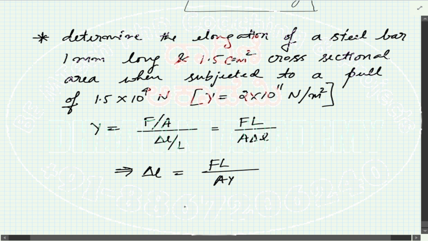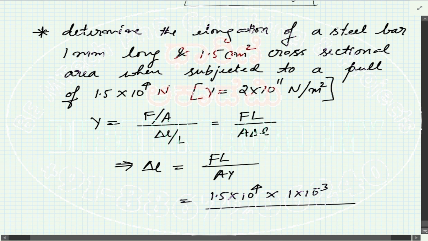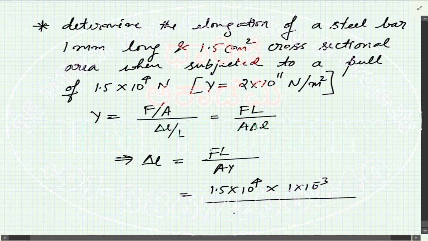So let us substitute. The force is given as 1.5 into 10 to the power 4 SI unit into L, I can write 1 millimeter, so 1 into 10 to the minus 3, whole divided by 1.5 into, it's centimeter square.